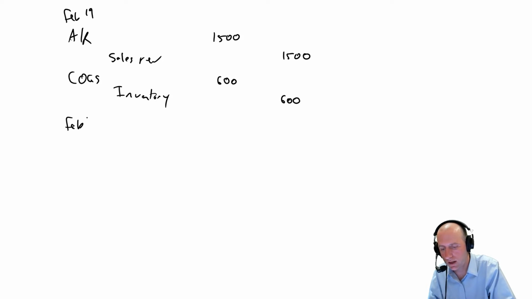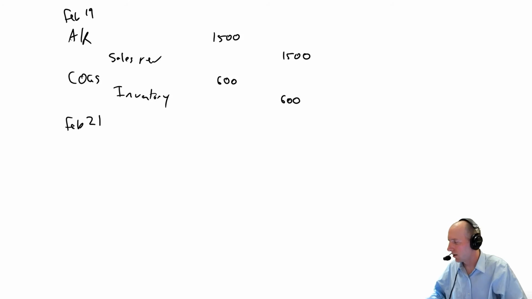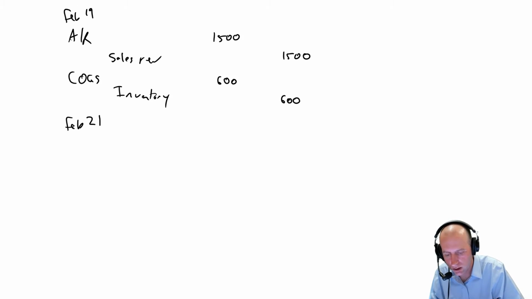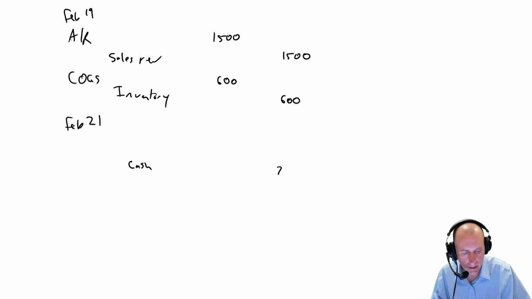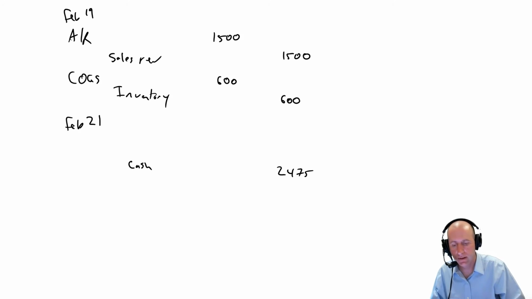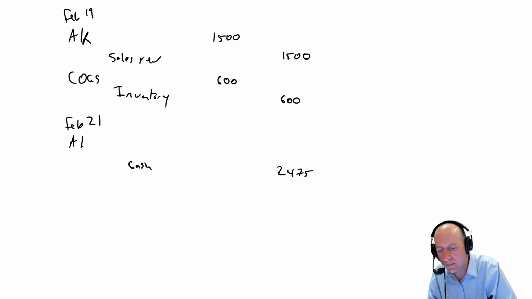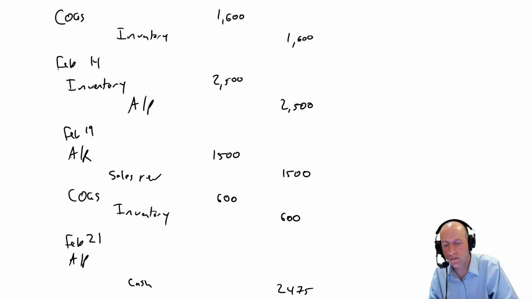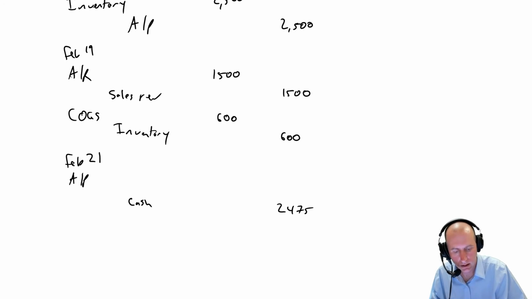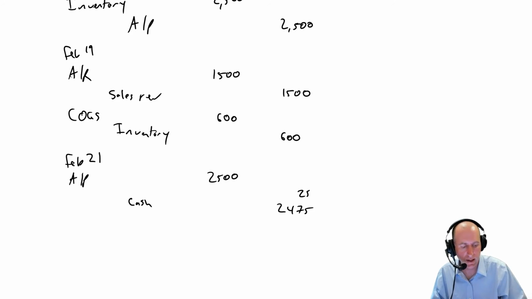February, I think it was 21st. Let me just check on my key so I don't scroll back up. Yeah, February 21st. We're going to credit cash $2,475. We're going to debit AP, and the AP related to our February 14th amount was $2,500. So debit AP $2,500, and then there's this $25 discount amount.